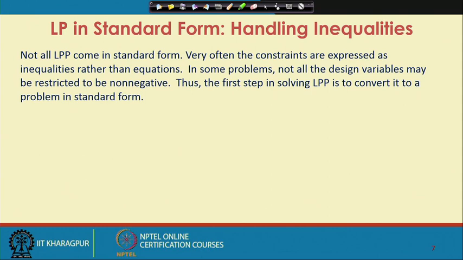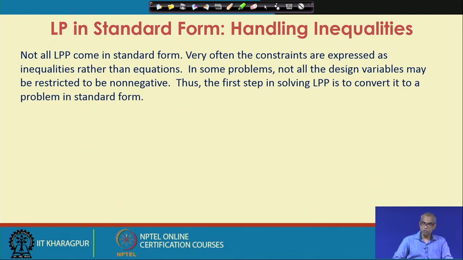Now, all linear programming problems will not come in standard form. Very often the constraints are expressed as inequalities rather than equations. In some problems, not all the decision variables may be restricted to be non-negative. There are cases where some decision variables may be unrestricted in sign.